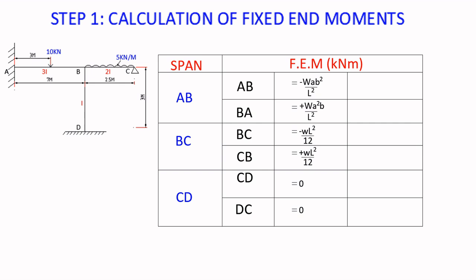Then at B, I'm assuming we have a clockwise moment, and therefore the formula is W a squared multiplied by b divided by L squared. a is 3 meters, and of course b is 4 meters, that is 7 minus 3.